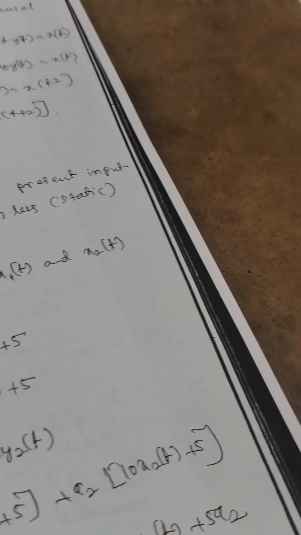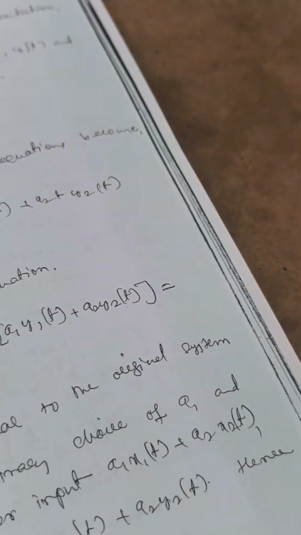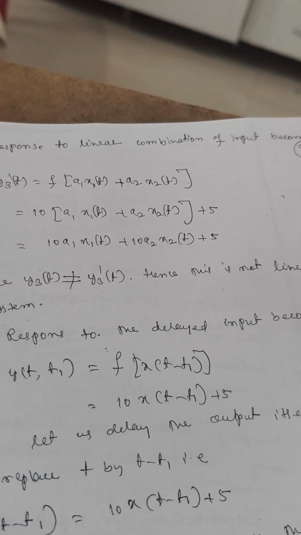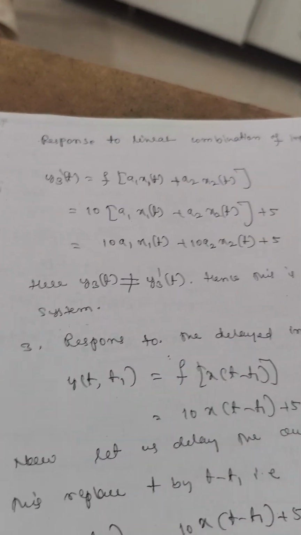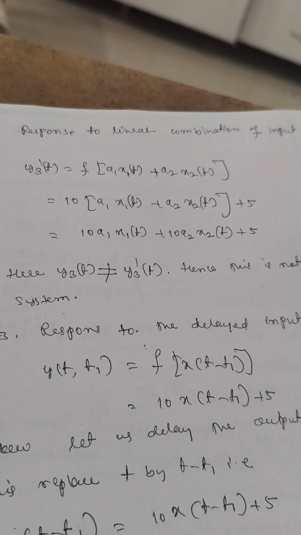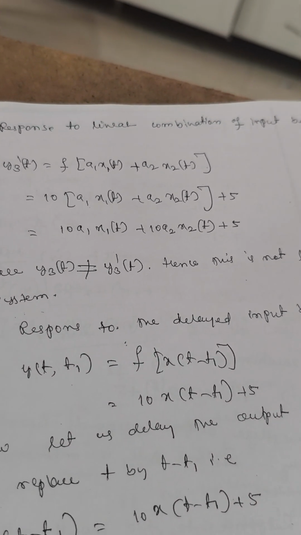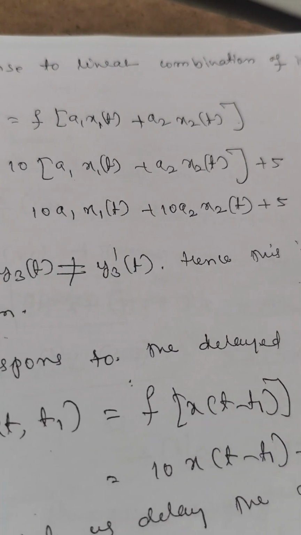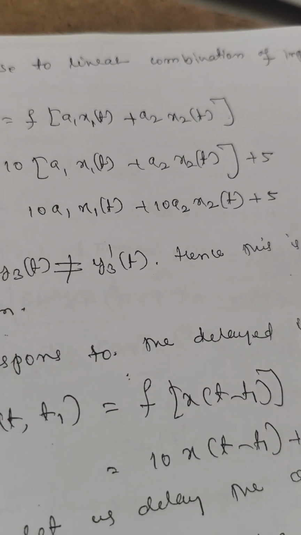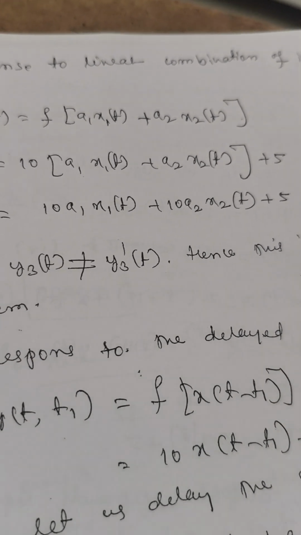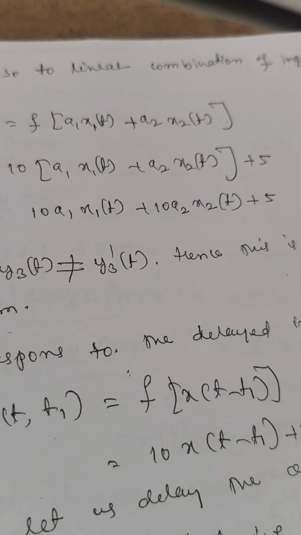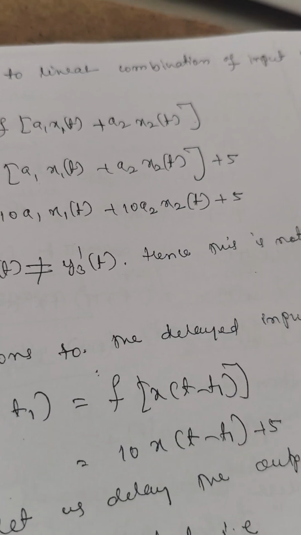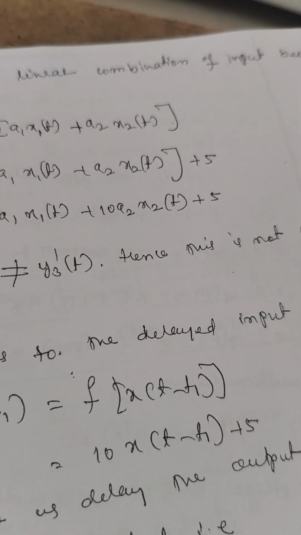Now we'll find y3'(t), which is the response to the linear combination of inputs. That is, y3'(t) is the function f of a1 x1(t) plus a2 x2(t). Here we only take the input: 10a1 is a constant and is placed as it is, x1(t) as it is, plus a2, where x1 and x2 are the inputs.